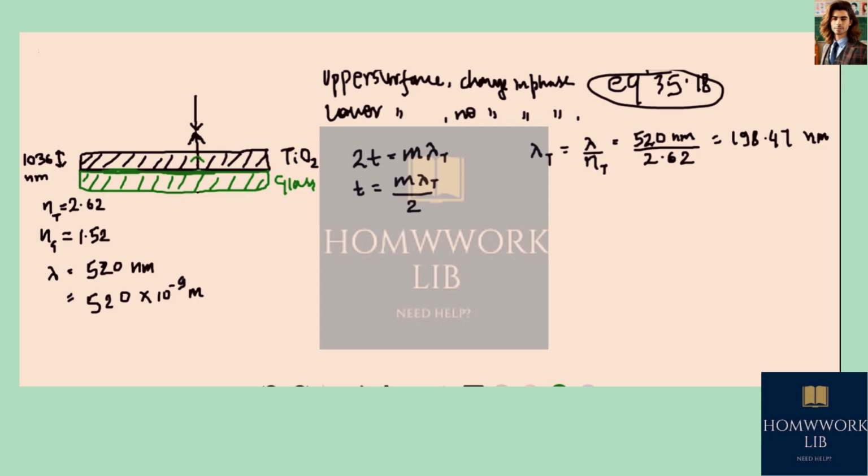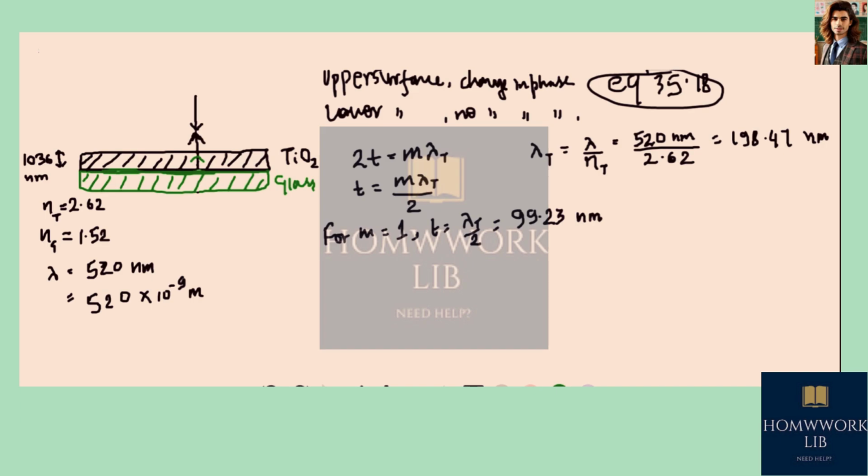For m equal to 1, the least possible value is t equal to lambda t by 2, which is 198.47 divided by 2, giving 99.23 nanometers. But we want to increase the thickness of titanium dioxide, not decrease it.